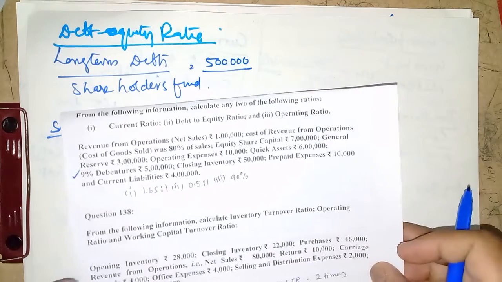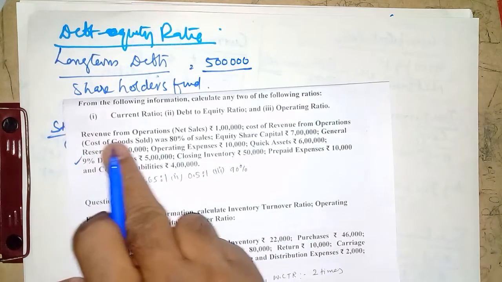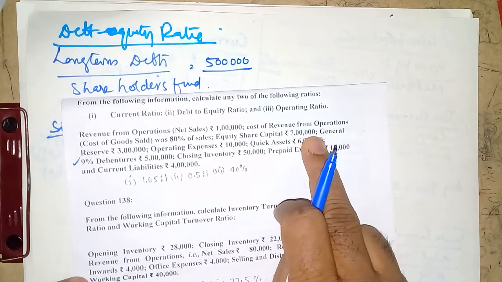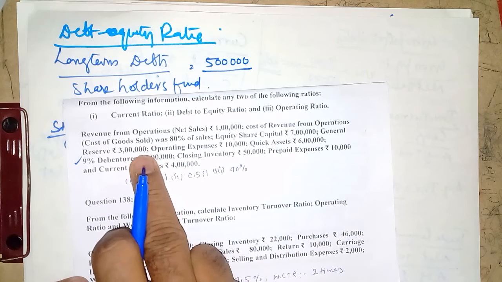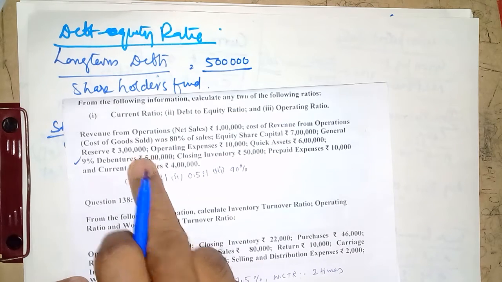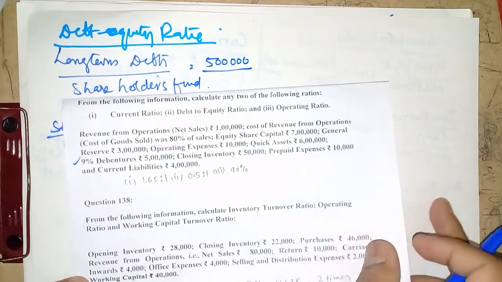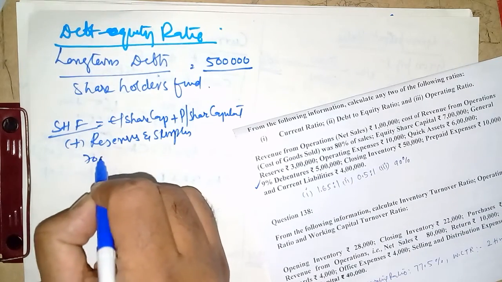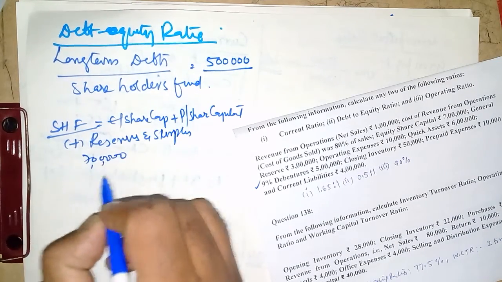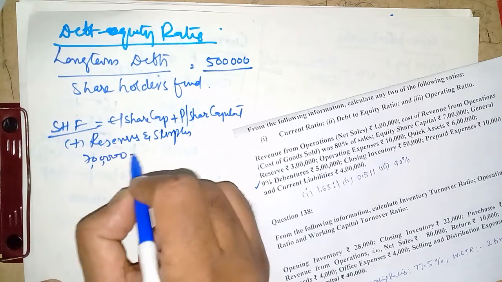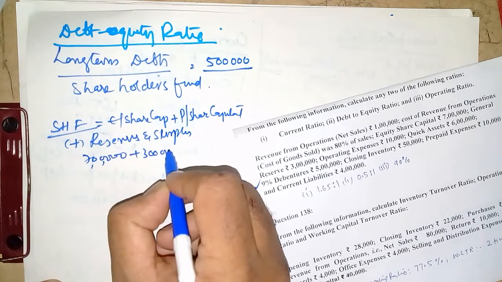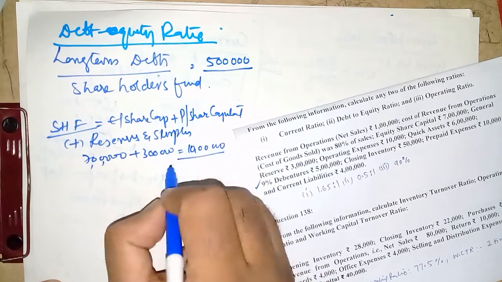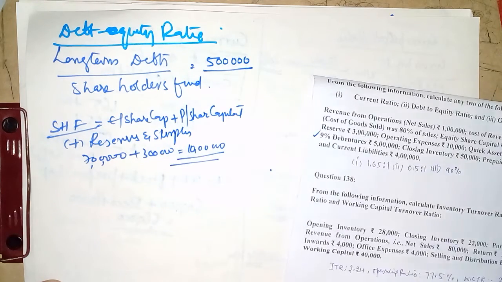So apply the formula in this question. What we have: revenue from operations, cost of revenue, equity share capital 7 lakhs, general reserve 3 lakhs, right? So 7 lakhs plus 3 lakhs reserve is equal to 10 lakhs. 10 lakhs is our shareholders fund.